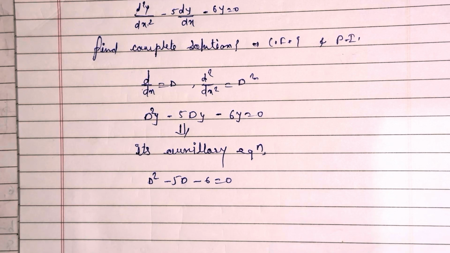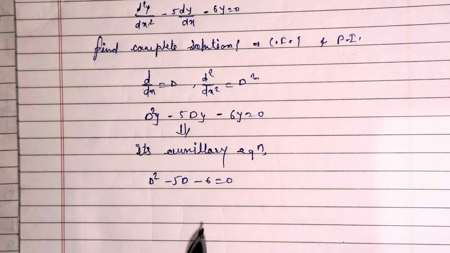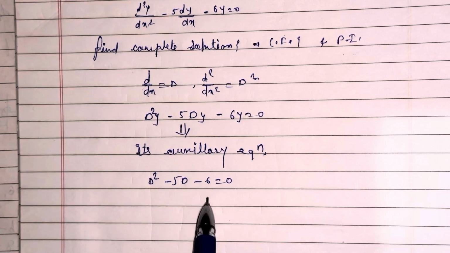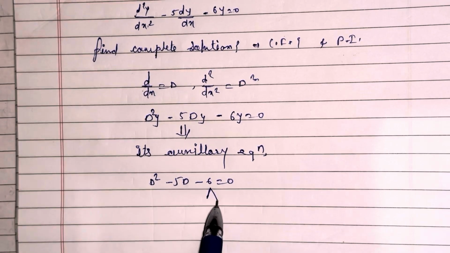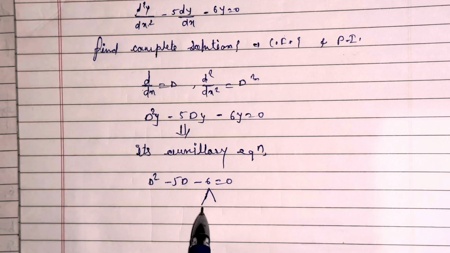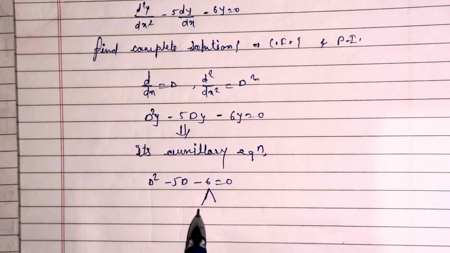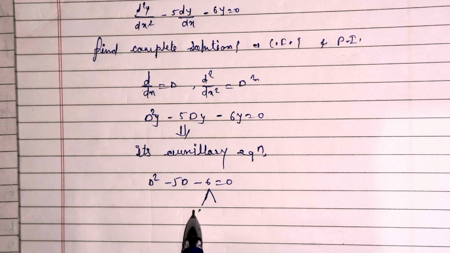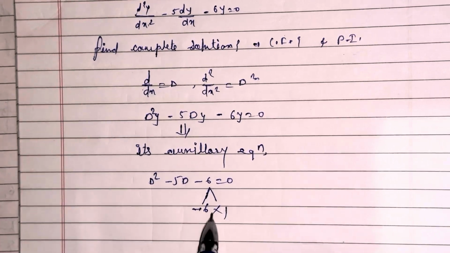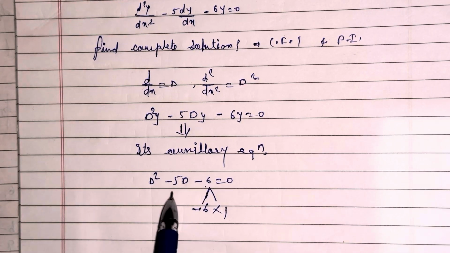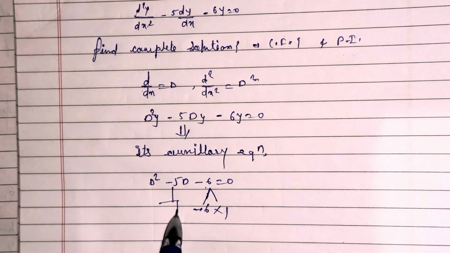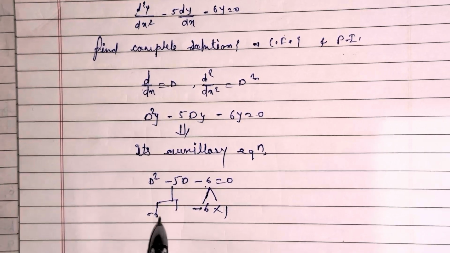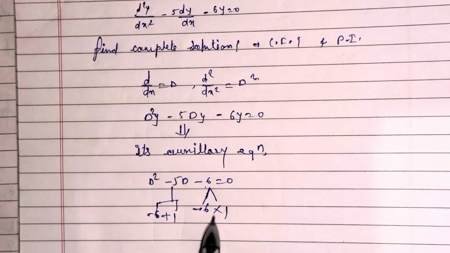Now it is just a quadratic equation, so it is easier to find the roots. We want two numbers whose multiplication is minus 6, so we consider minus 6 and 1, and whose addition is minus 5. Indeed, minus 6 plus 1 is minus 5.